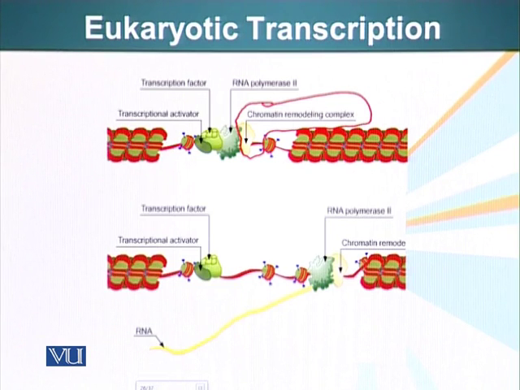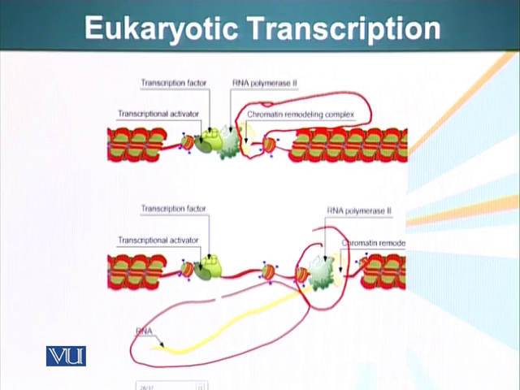So it is bulldozing the way, and tagging right behind it is the RNA polymerase, doing transcription, meaning it is producing messenger RNA that can be used to make proteins once it has matured.